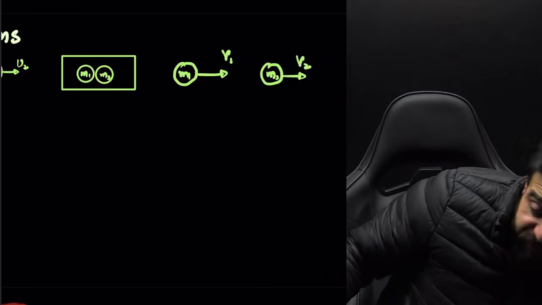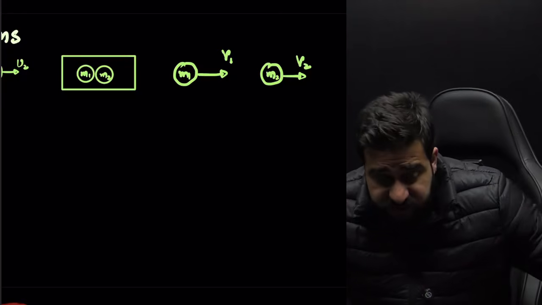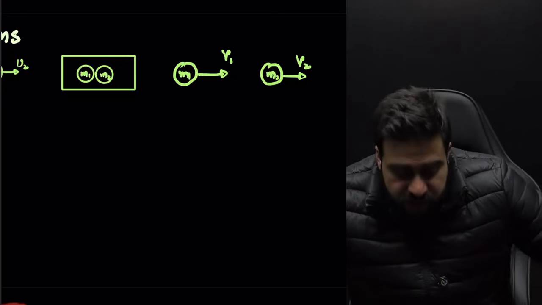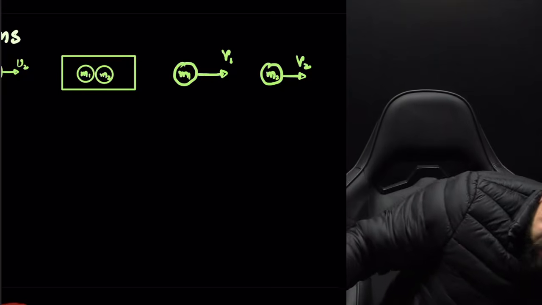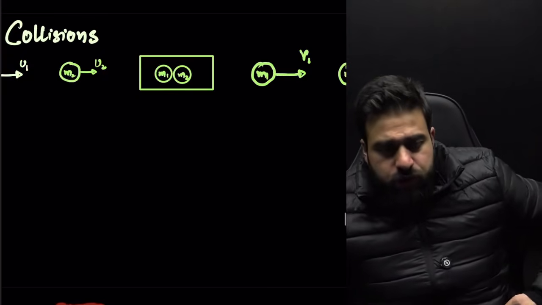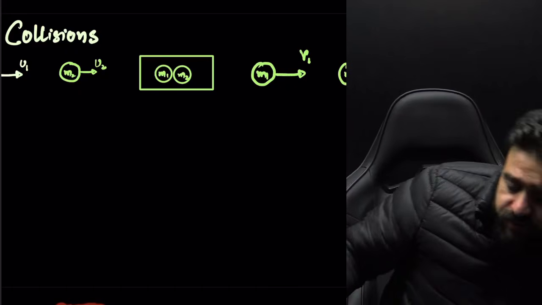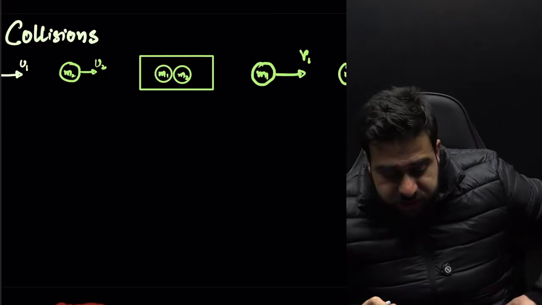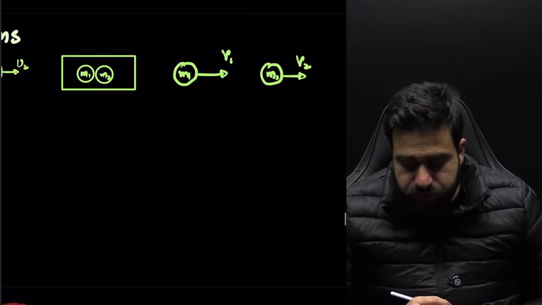This is after the collision. So, this is what we call the collision. When two masses collide with each other, after the collision they start moving with different velocities, that is v1 and v2.